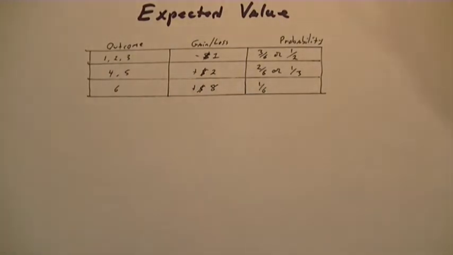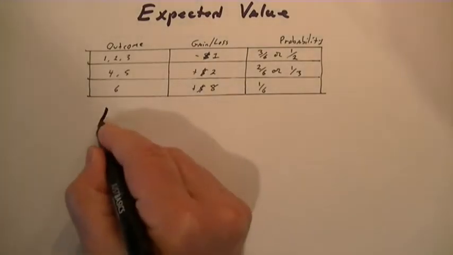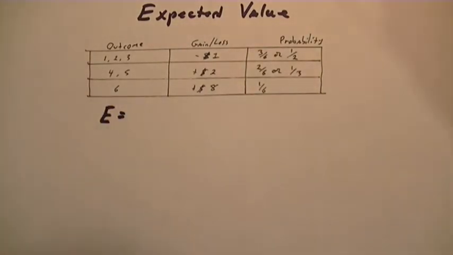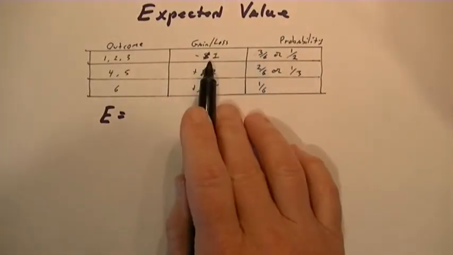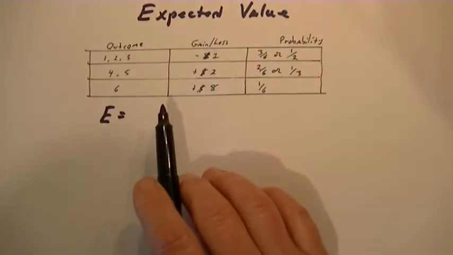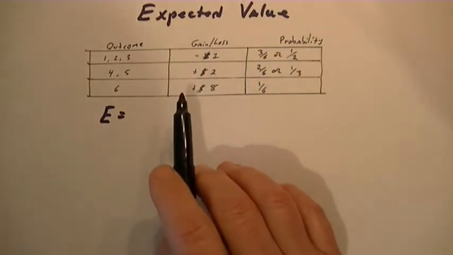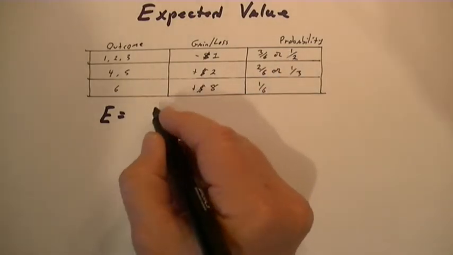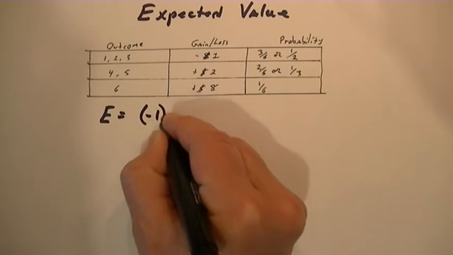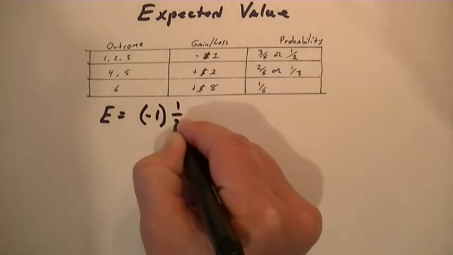So how do we find the expected value? Well, what we do is we take the probability for each of these events, right? So our expected value is equal to the outcome, the gain or loss, times the probability of that happening. So what's the probability of simply losing $1? Well, the probability of simply losing $1 is 1 in 2. So we're going to take -1, and we're going to multiply it by 1/2.